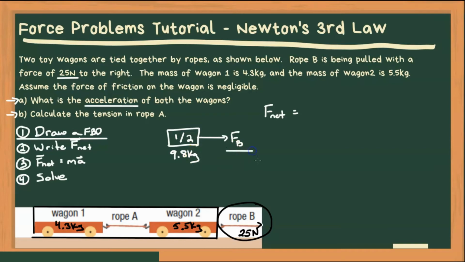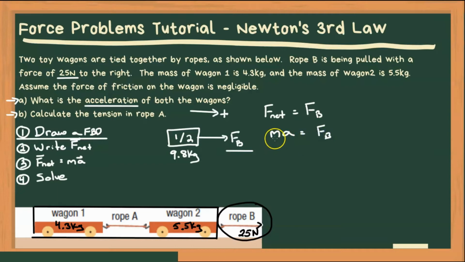So that is our net force, FB. And I'll label that direction as positive since that's the direction of acceleration. Alright, then move on to step 3. Set F net equal to ma, which equals FB.